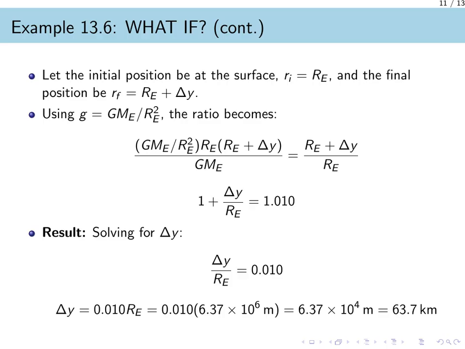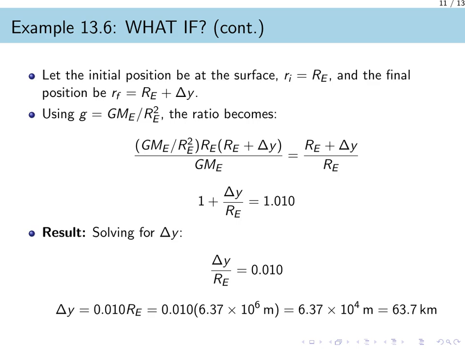When we substitute this into our ratio, the G, m sub e terms cancel out completely. The expression simplifies nicely to the fraction r sub e plus delta y all over r sub e. This is equivalent to 1 plus the ratio of delta y to r sub e. Setting this equal to 1.010, we can now solve for the unknown height.